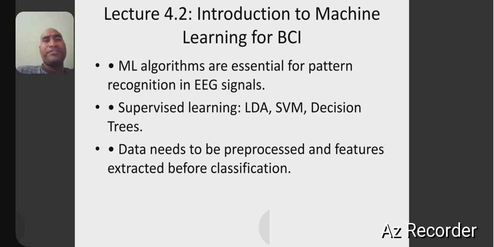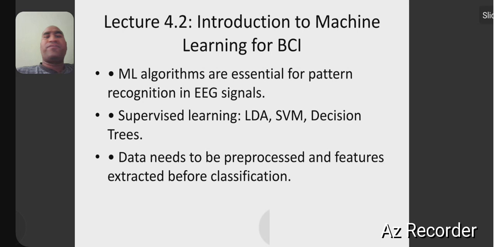LDA means linear discriminant analysis, then support vector machines and decision trees. We will mostly use SVM or LDA because non-linear classification is also possible, and we need to decide what data is given to this algorithm and extract the features before classification.